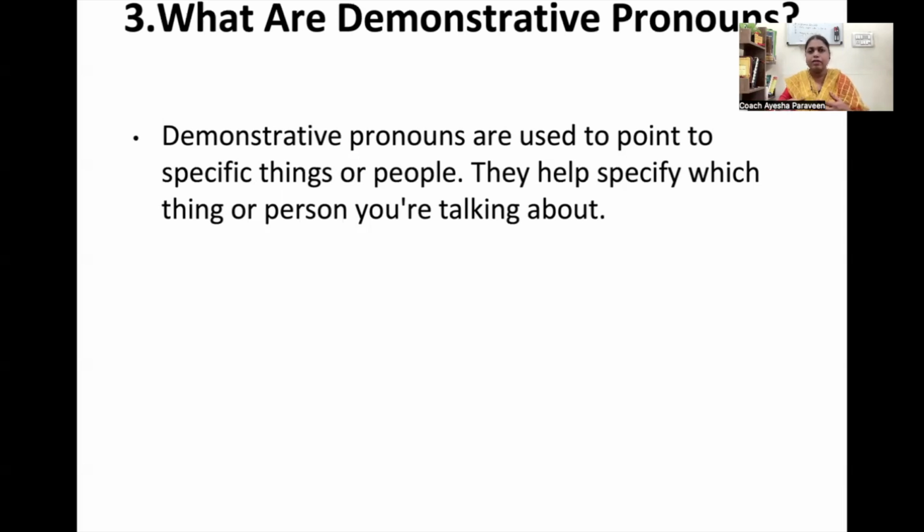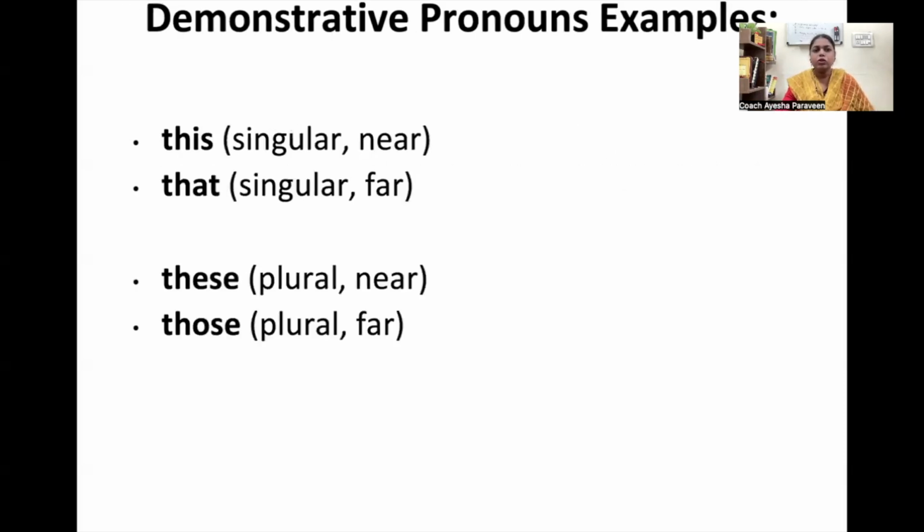When during our conversation we talk about something or somebody, we sometimes need a demonstrative pronoun to specify whom we are talking about. So demonstrative pronouns are this, that, these and those.